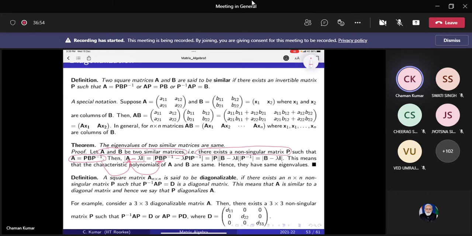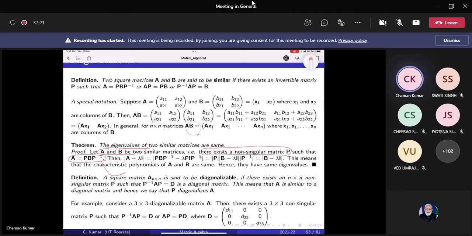And the identity matrix that you have here, you can write as PI, inverse. PI is P. When P is multiplied by P inverse, you get I. So this is basically I. So replace this I by PI, P inverse. Okay, so you have this PI, P inverse. Fine.